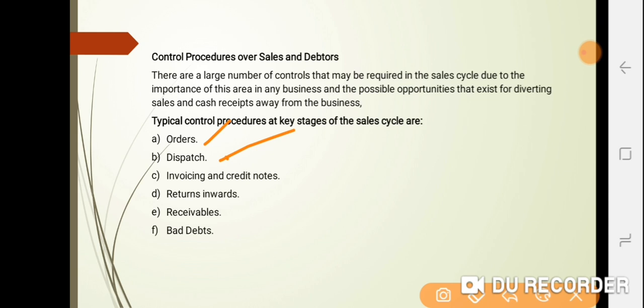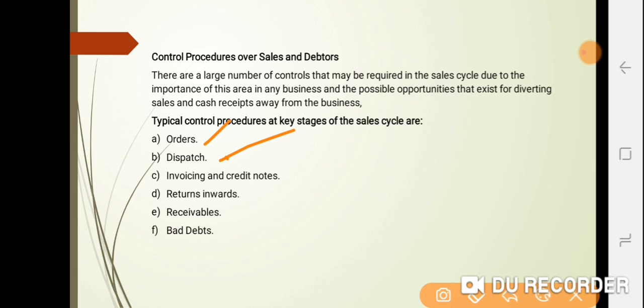And then when it comes to invoicing and credit notes, the sales invoice should be authorized by the responsible official and matched with the authorized order and dispatch notes. Then all invoices and credit notes should be entered in day books, records, the sales ledger and sales ledger control account. Then sales invoices and credit notes should be checked for price.